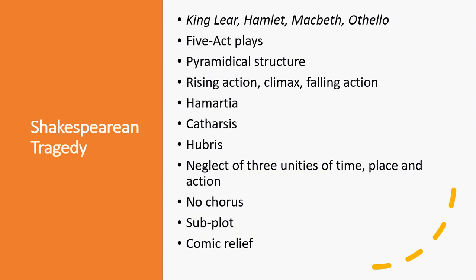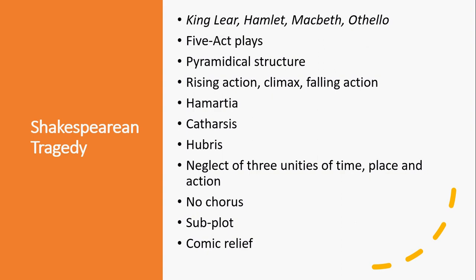Anagnorisis is the discovery of another character's true identity or true nature. We'll find these when we discuss King Lear. How King Lear undergoes anagnorisis when he understands the true nature of his 2 elder daughters. And we'll also see how King Lear undergoes peripeteia when there is a sudden reversal of his fortune.